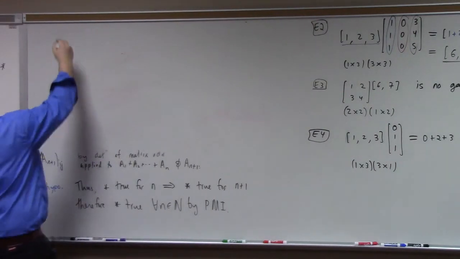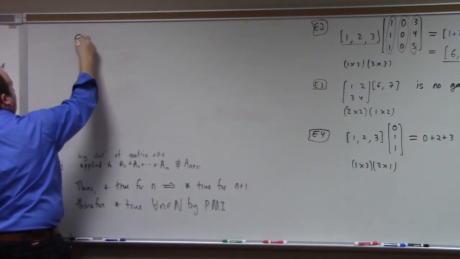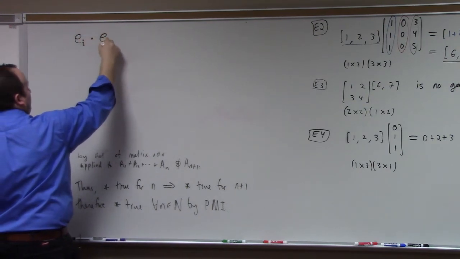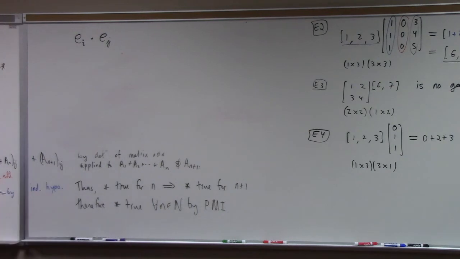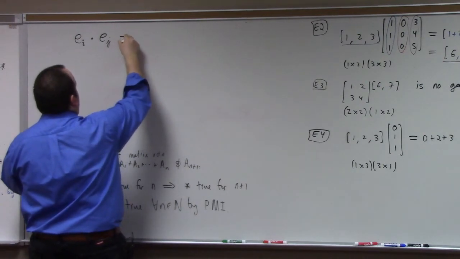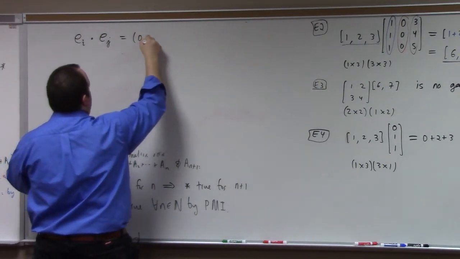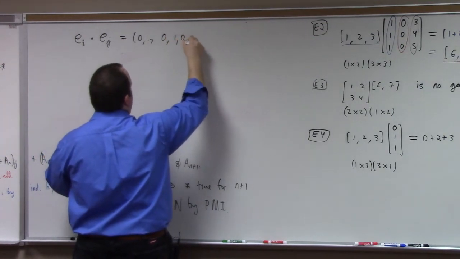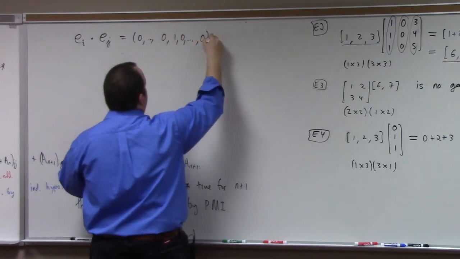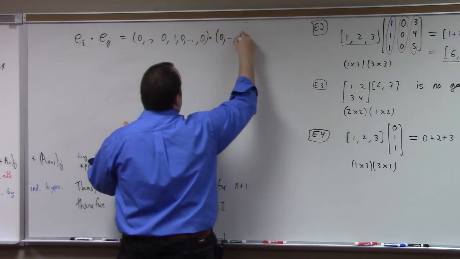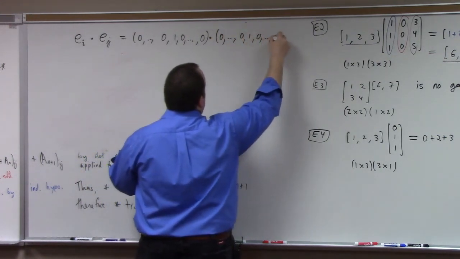How about this? So you guys are not quite comfortable with the i's yet. I get it. How about e_i dot e_j? What would that mean? Talking about dot product for a second. So this is 0, 0, 1, zeros, dotted with 0, 0, 1, 0, 0.